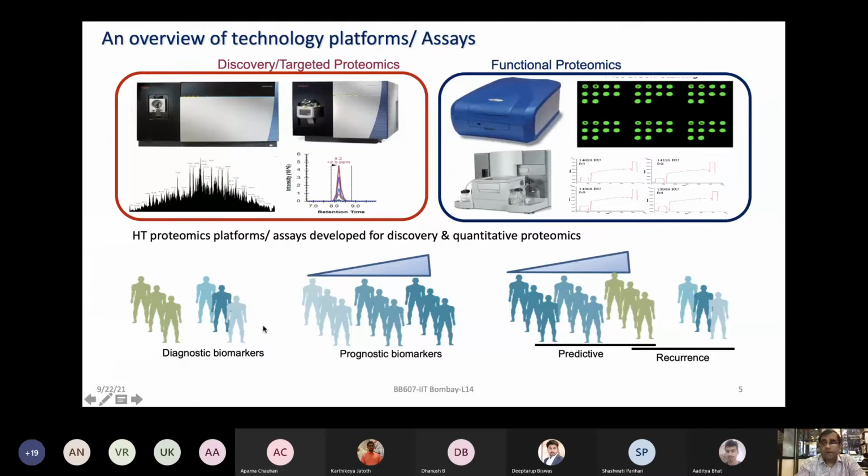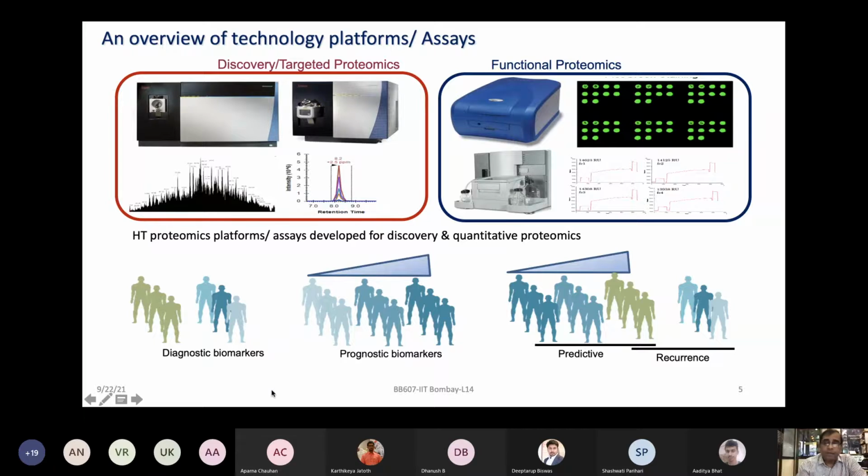So broadly, proteomics has seen its major utility in looking at very challenging clinical problems and identifying different types of biomarkers of interest. So, for example, if anybody is infected by an infectious disease organism, or has cancer or a metabolic disorder, you first want to have tests which can accurately diagnose that particular disease.